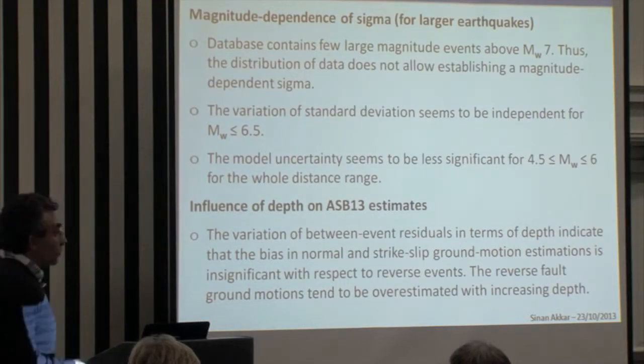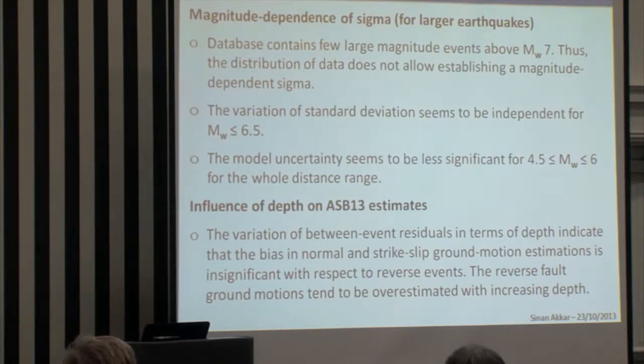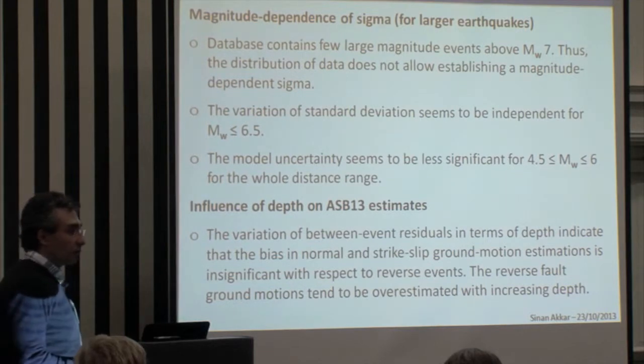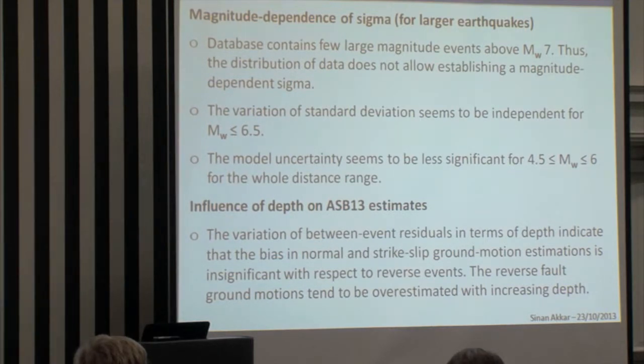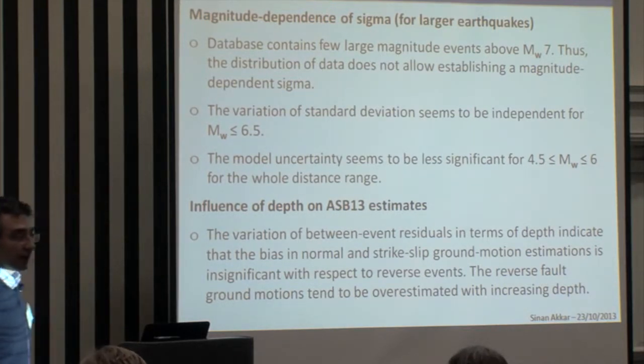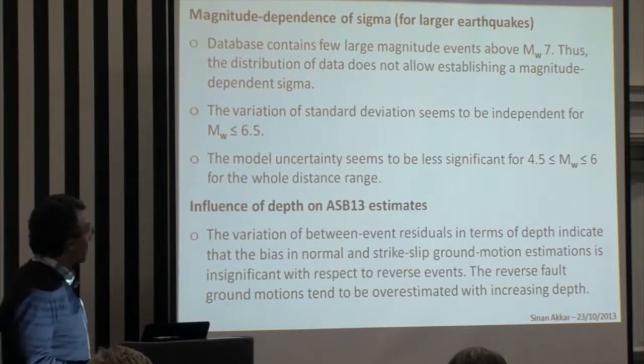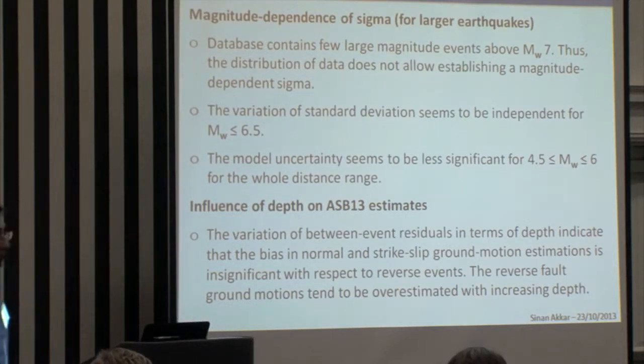Okay, so as for the conclusions, these are actually addressing or summarizing the questions raised by the project group here. So the magnitude dependence of sigma. The database contains few large magnitude events above magnitude 7. So the distribution of data does not allow establishing a magnitude dependent sigma.